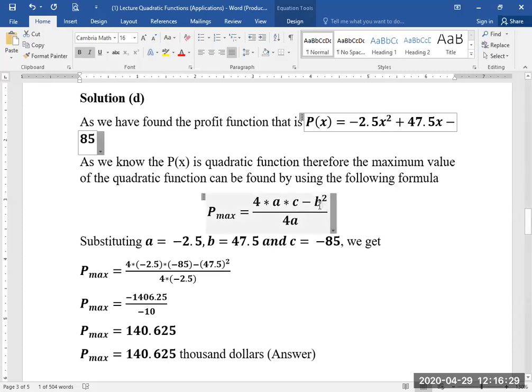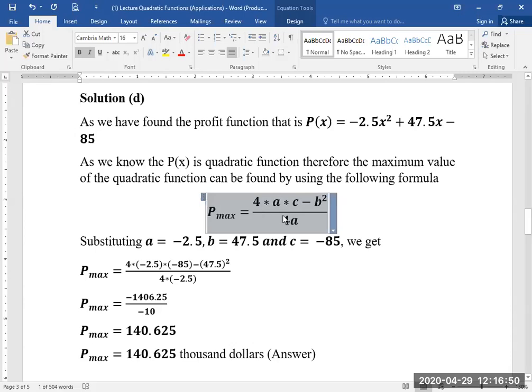So we can use the y component of the vertex, which is the maximum or minimum value of the function. As a is negative, minus 2.5, we will obtain the maximum value as the y coordinate of the vertex.